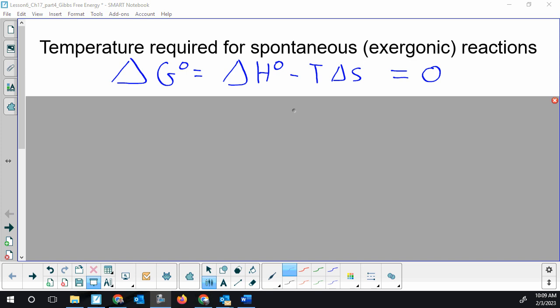Okay. To figure out that minimum or max temperature, we're working back from a system being at equilibrium. That's why I have this set equal to 0. If you're at equilibrium, Gibbs free energy will be 0. Anytime you have a phase change, if you're going liquid to gas, you're exactly at the boiling point.